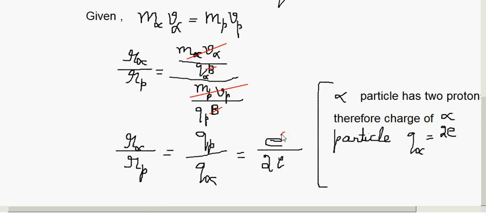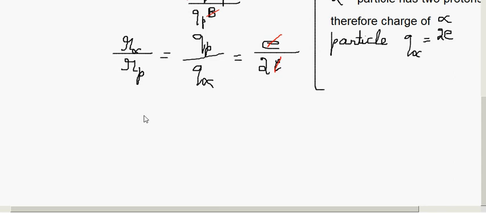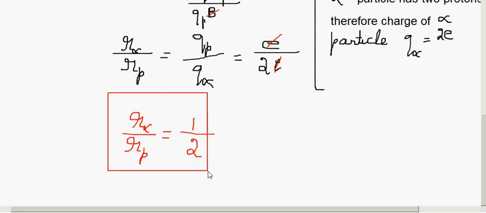So e gets cancelled, and we have r alpha by rp is equal to half. So this is the ratio of the radii of the trajectories of an alpha particle and a proton when they go into the same field with the same linear momentum. r alpha by rp is half.